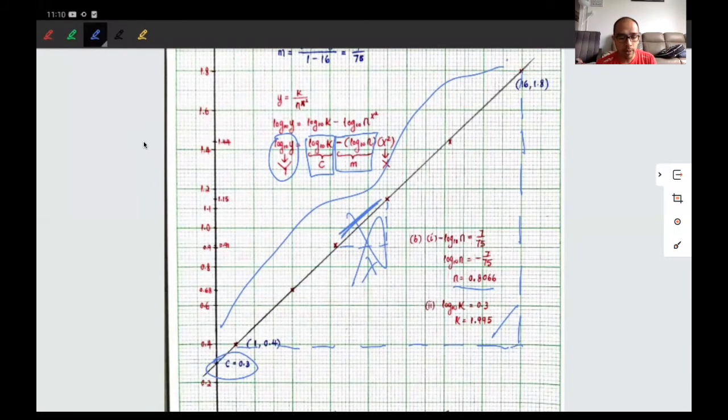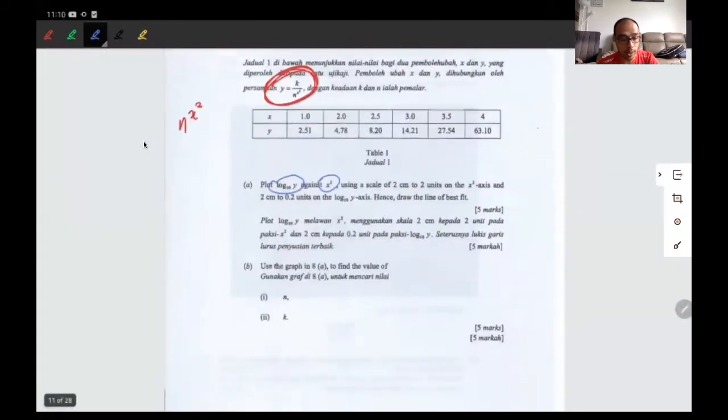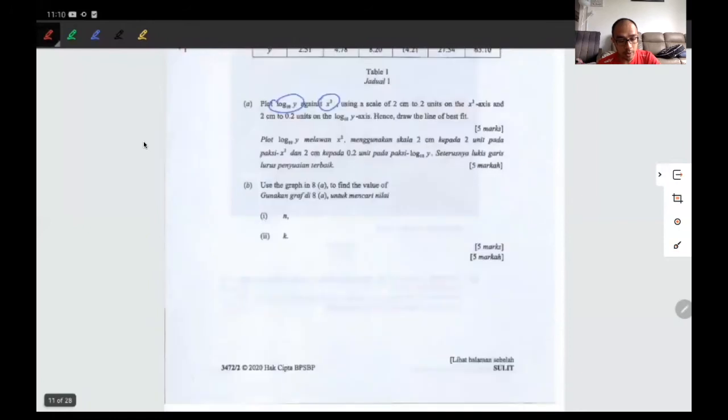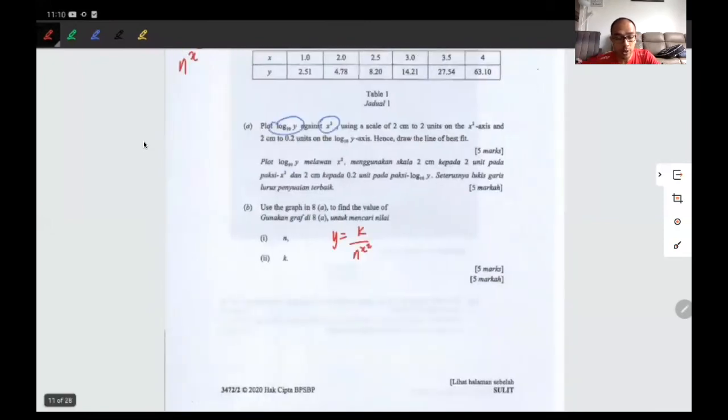The probably difficult thing in this question is how to change this equation to this equation, which I will now show you. Our formula is y equals k over n x squared. We want to change it to log y because that's the clue given to us. So when you log the left side, you must log the right side too.